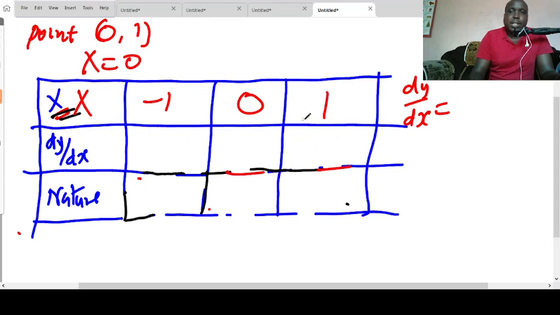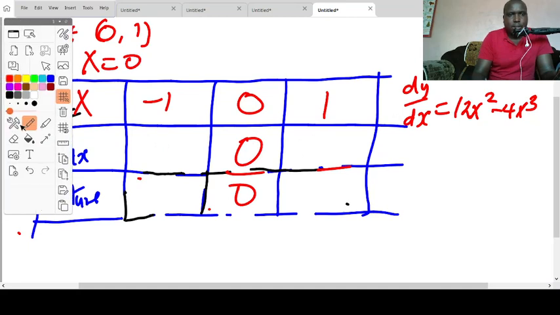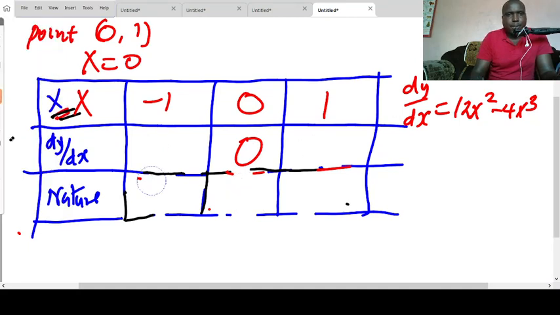Now write down our functional gradient. The functional gradient was 12x squared minus 4x cubed. So if you substitute 0 here, everything is going to be 0, and even here everything is going to be 0 there.